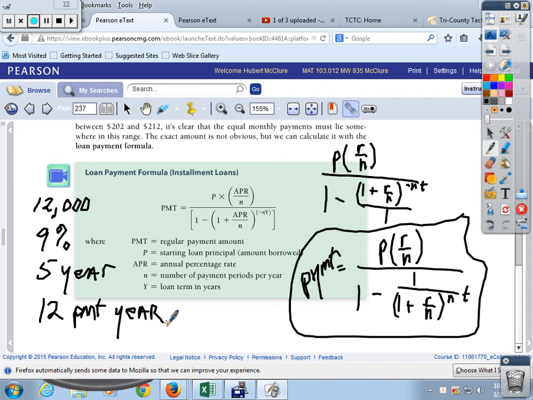I'm going to use this one. P is the principal, that's 12,000. And that's equal to R, T, and N.